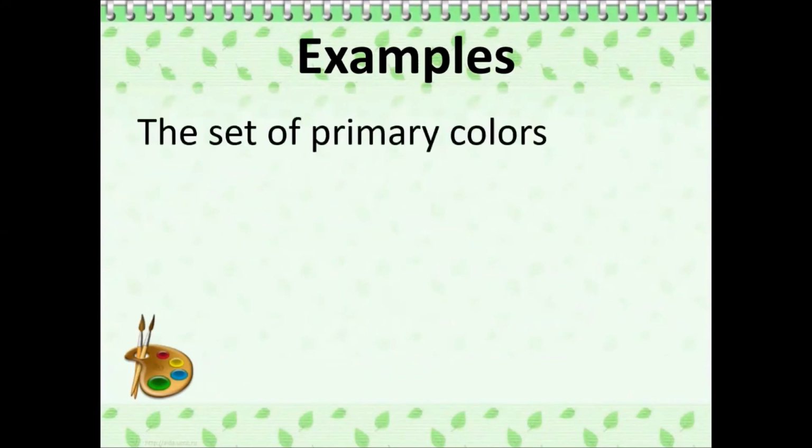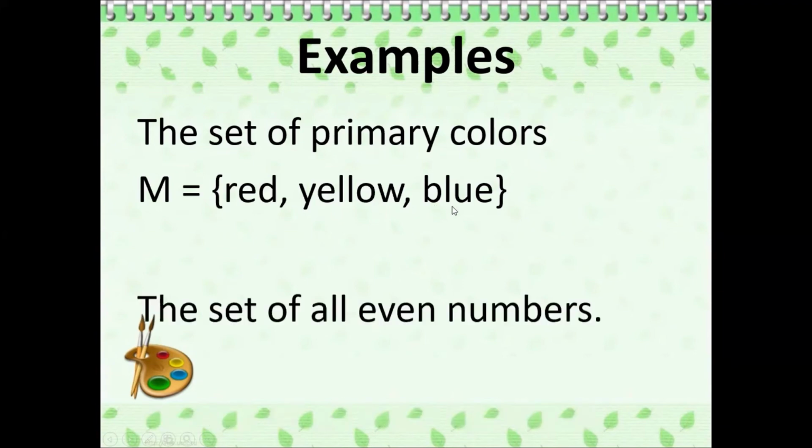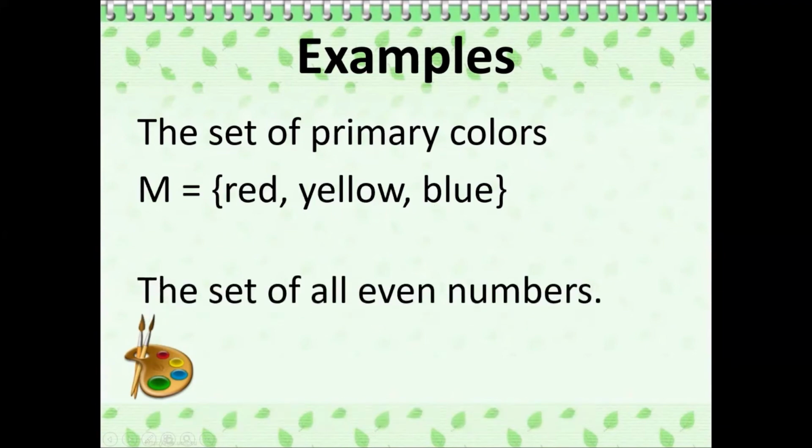Now, examples of well-defined sets. The set of primary colors. We use any capital letter to represent it. Set M has the elements red, yellow, and blue. The set of all even numbers.